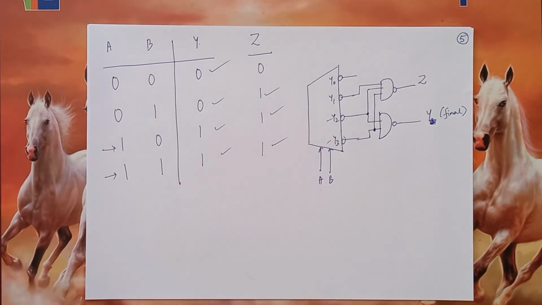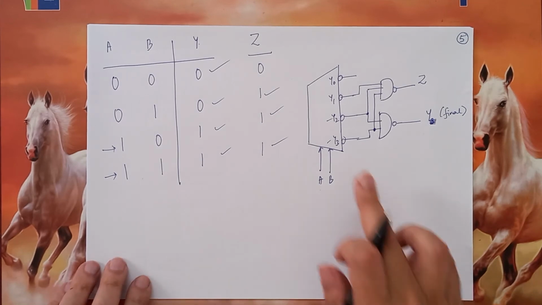And now the question is, how can we design the decoder, that is, the inside of this trapezoidal box? What is the circuit that converts A and B to y0, y1, y2 and y3?